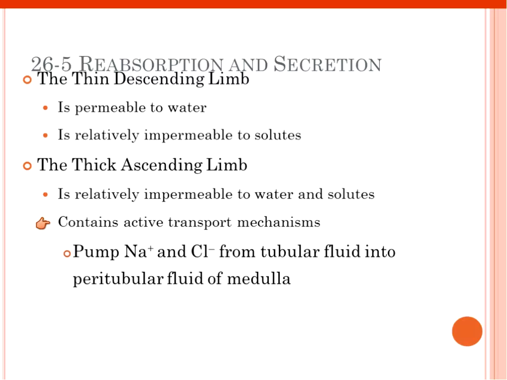However, it does have mechanisms and proteins that allow for sodium and chloride to be pumped out of what's called the filtrate into the peritubular fluid. So we can pump those out. And as a result, because we can pump out sodium and chloride, water is going to follow from the descending limb.